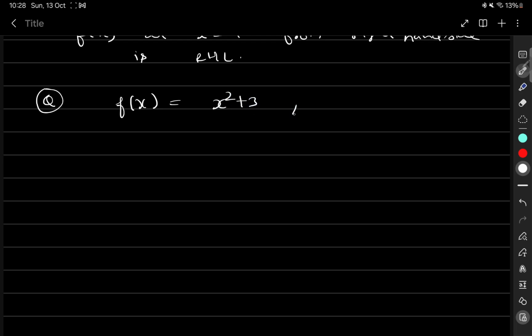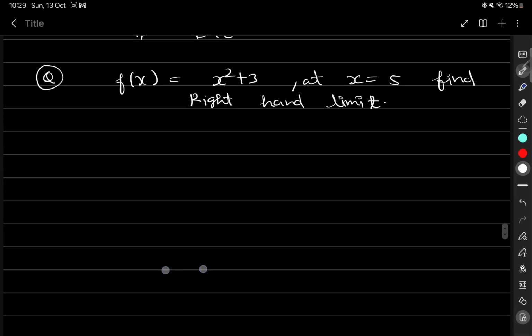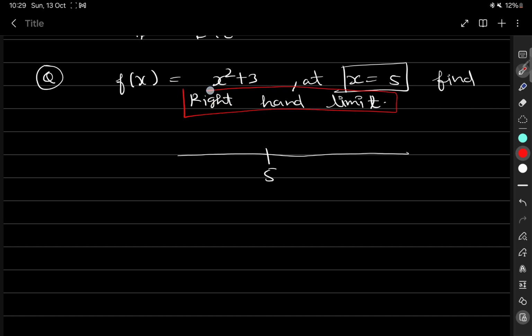At x equal to 5, find the right hand limit. So what is happening here? Any function is given, we have to find at x equal to 5. So this one is 5. What we have to find is the right hand limit, RHL.